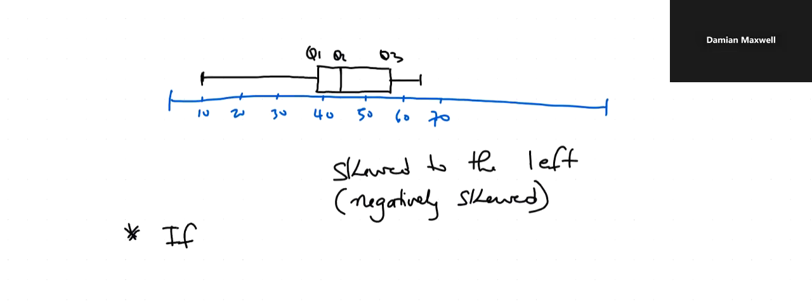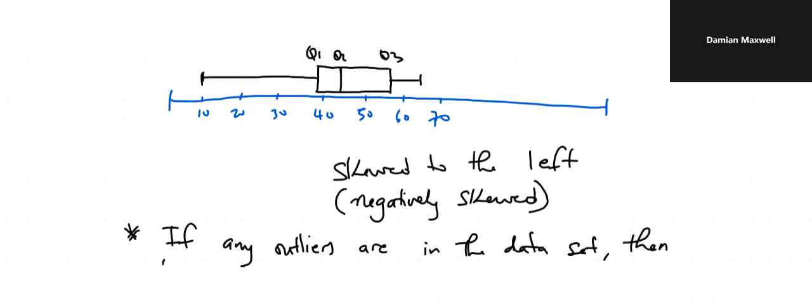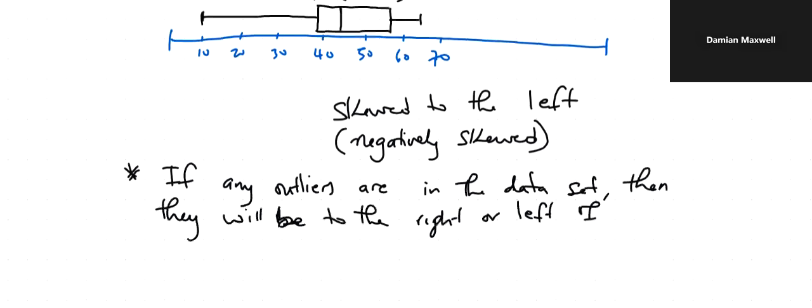If any outliers are in the data set, then they will be to the right or left of the maximum or minimum value, respectively.